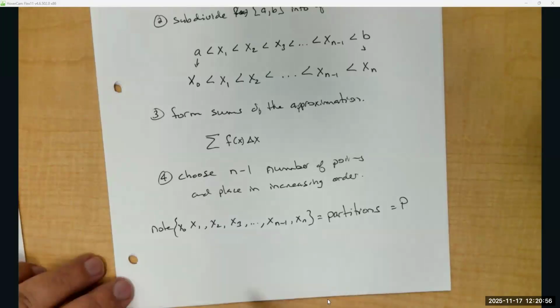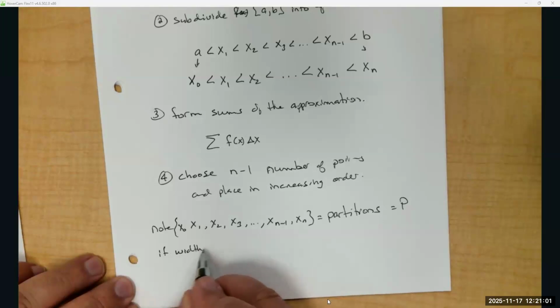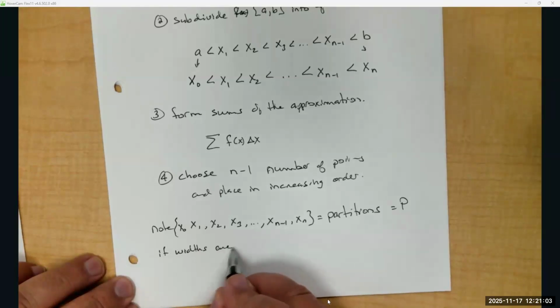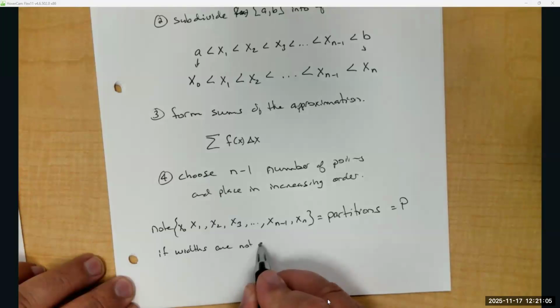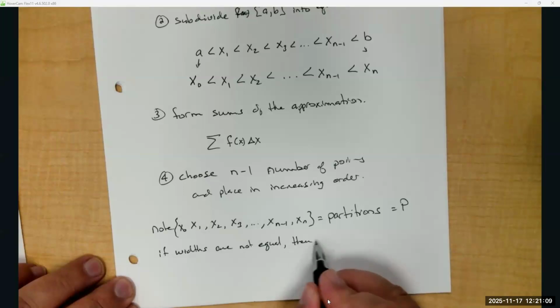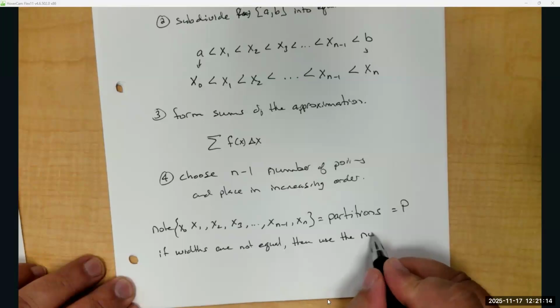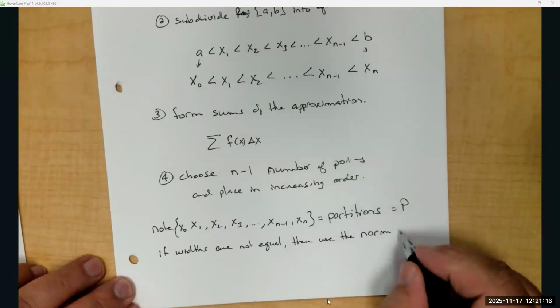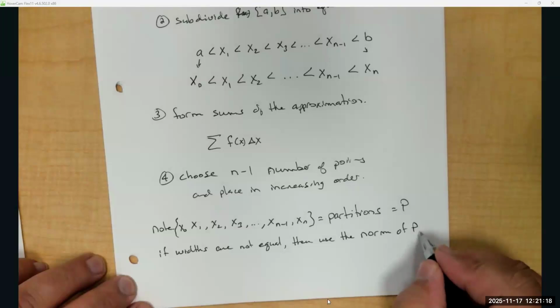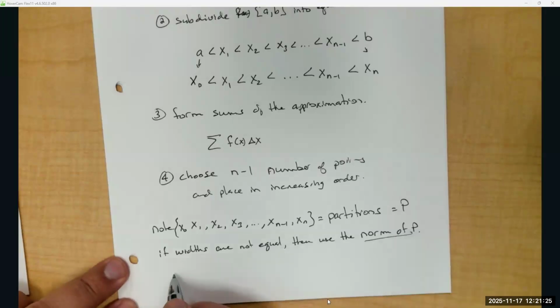But if widths are not equal, then use the norm of P. It's designated like that.